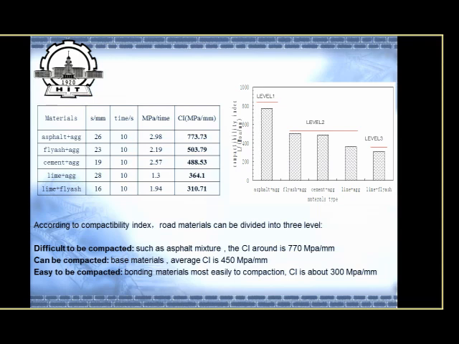Another can be compacted, such as the base material. It is level 2. The third is easy to compact. This is lime plus fly ash, a bond material. The CI is about 300.